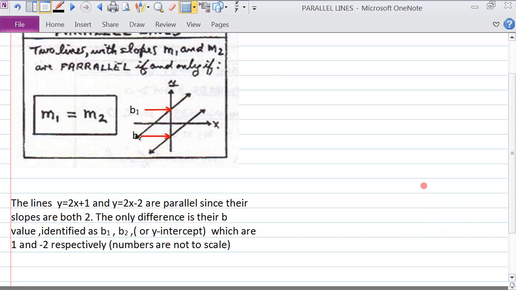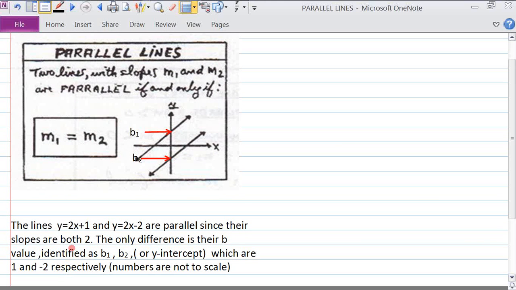So that's one thing that we know. Two lines with slopes m1 and m2 are parallel if and only if m1 equals m2. So here, if we look at this equation, m is 2, and in this equation, m is 2. The only difference is in their b values, and their b values are characterized here where they cross the y-axis.